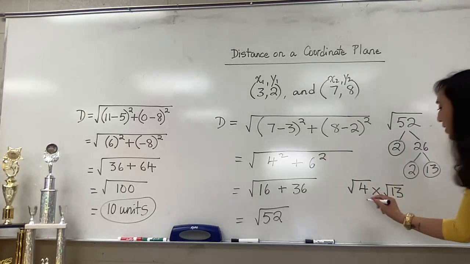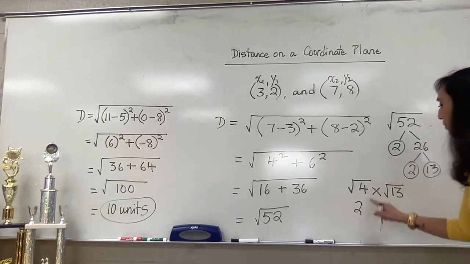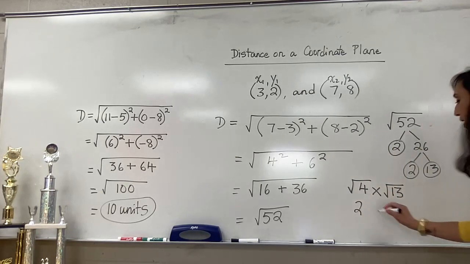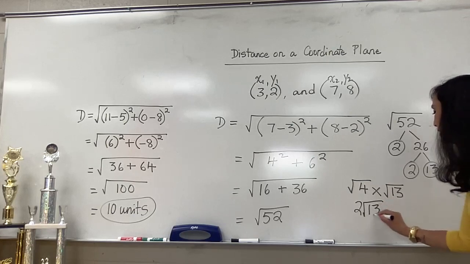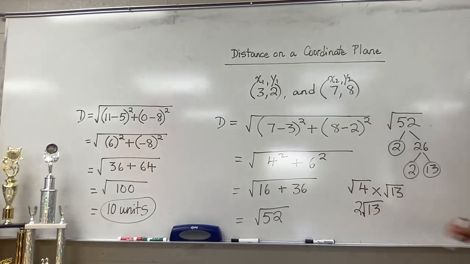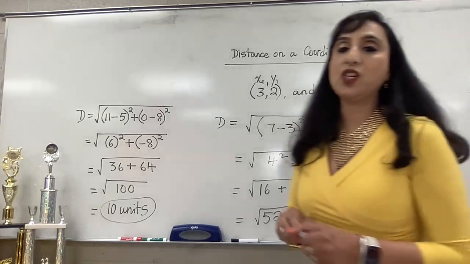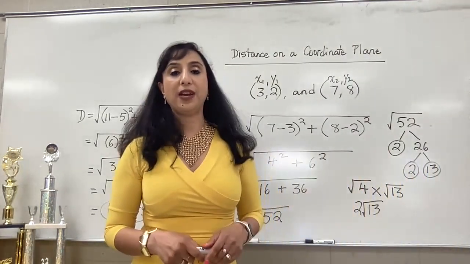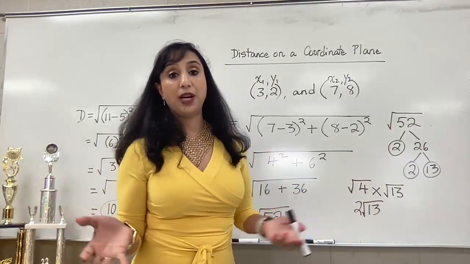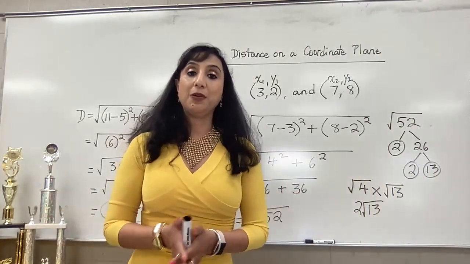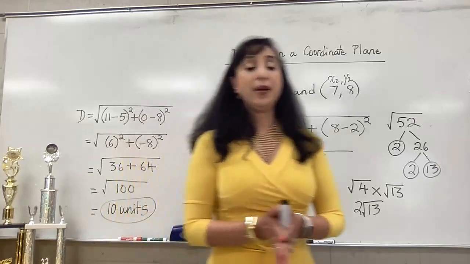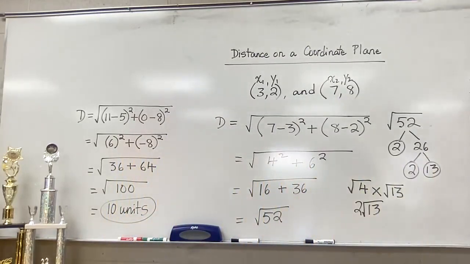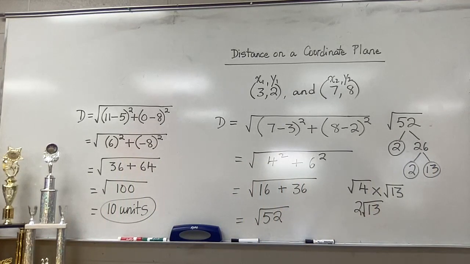Once I solve this, I can remove the square root part because the square root of 4 is 2, so I get 2 root 13, and I can write the answer like this. This would be my final answer. You do have questions like this where you will have to factor it out if it is not a perfect square like the two examples that we solved before this. Let's go ahead and solve another one in which we have to factor out.